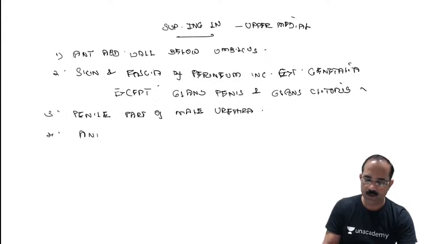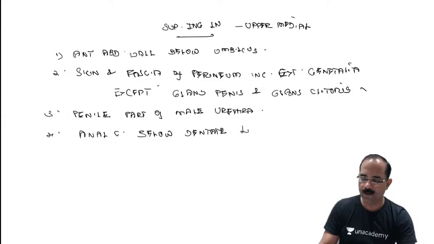Fourth, anal canal below the dentate line. Fifth, vagina below the hymen.